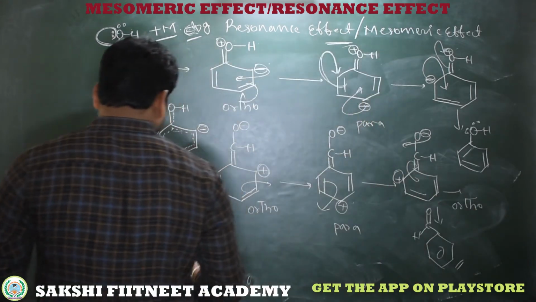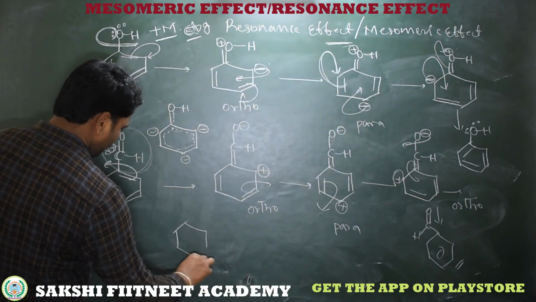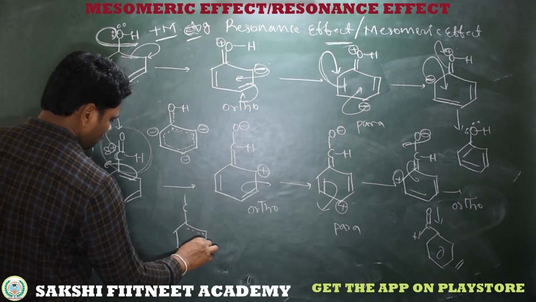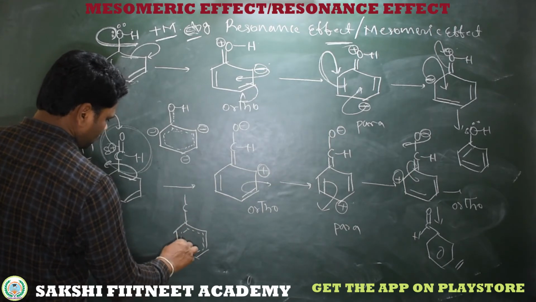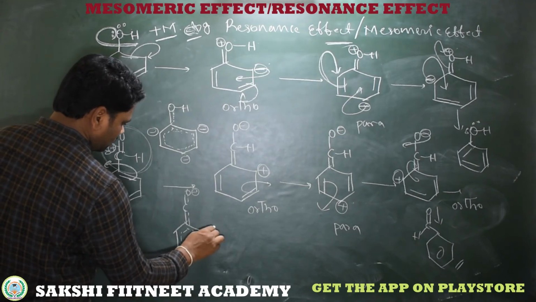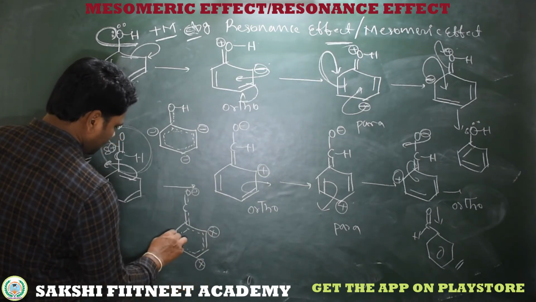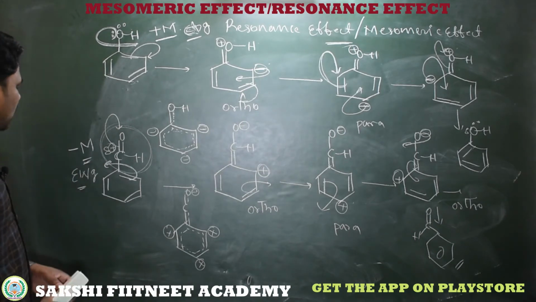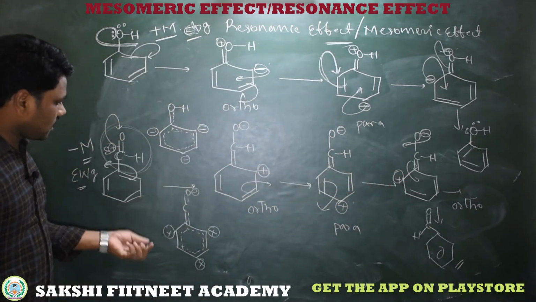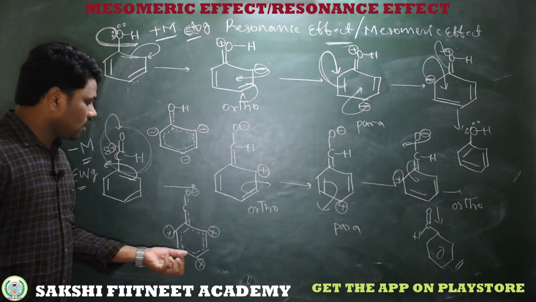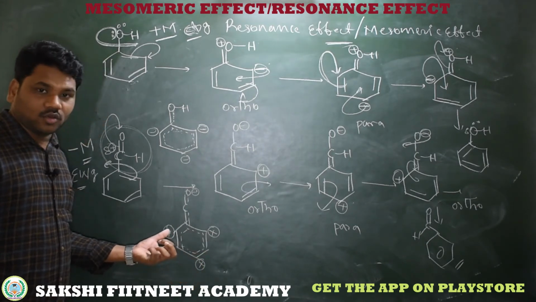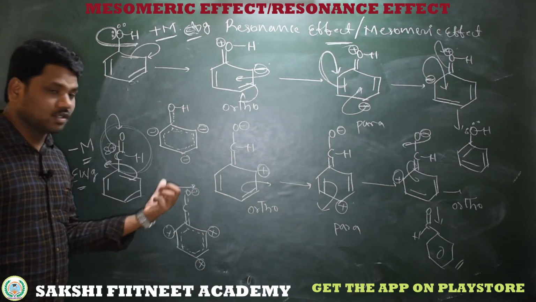So what about the hybrid structure for this compound? Here we will get a negative center. See, this is a positive center, this is a positive center, this is a positive center. So when the electron withdrawing group is there, we get the same resonating structures and the same hybrid structure, which has a positive charge at ortho, para, ortho, because of the withdrawing group.